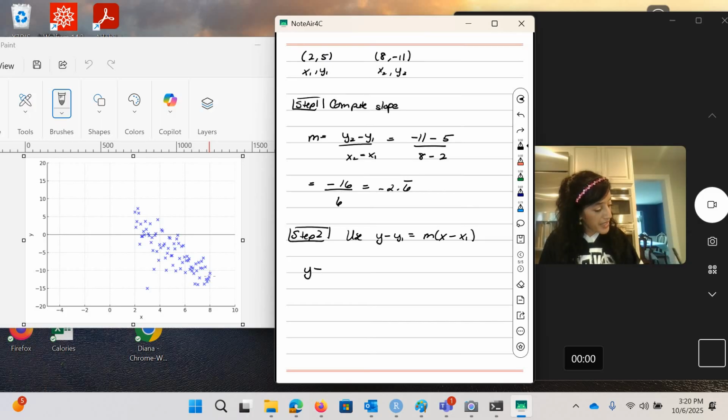So y minus 5, that's my y1. So y minus 5 is equal to m, which is minus 2.6 repeating, times x minus x1, which is 2. And then I just solve for my y.